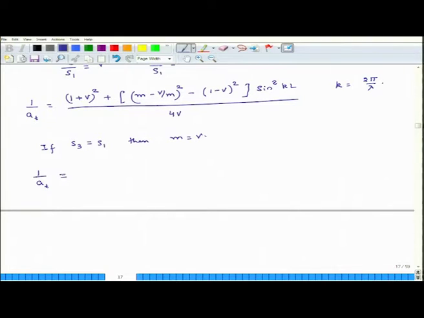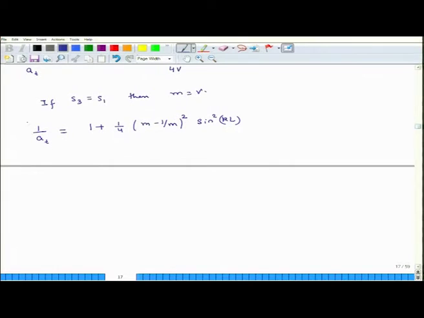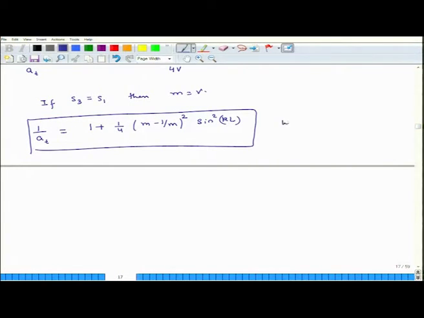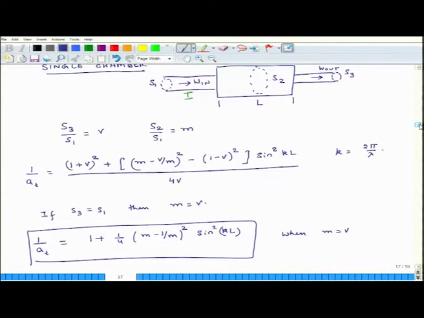So, 1 over transmission coefficient equals 1 plus 1 by 4 into (M minus 1 by M) whole square sine square kL. This is the expression for the situation when M equals V, and if M is not equal to V, then we can use the earlier relation.